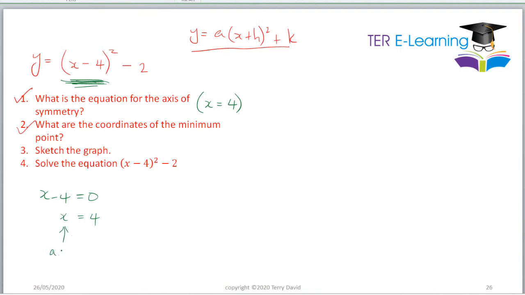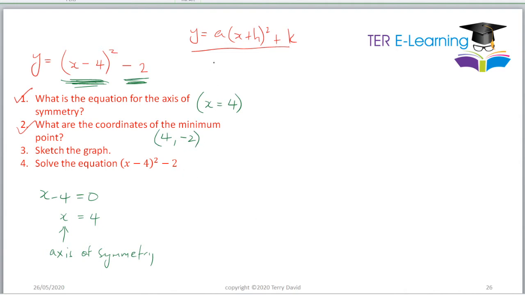At my minimum point, the x value will always be whatever the axis of symmetry is, which is 4. And this value here, this -2, is the y coordinate of my minimum point. So my minimum point is actually (4, -2). That's the answer for question 2.